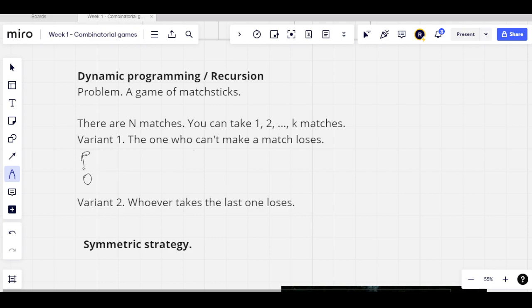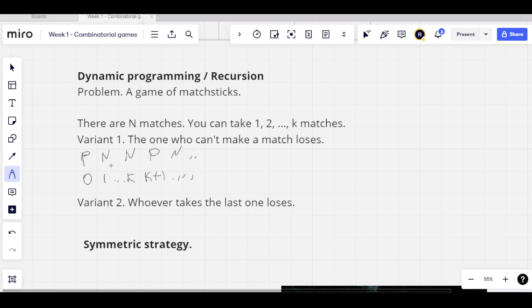We denote losers as P and winners as N. Next it's obvious that it will be N, then it will be P, and so on. Okay, why is it true?